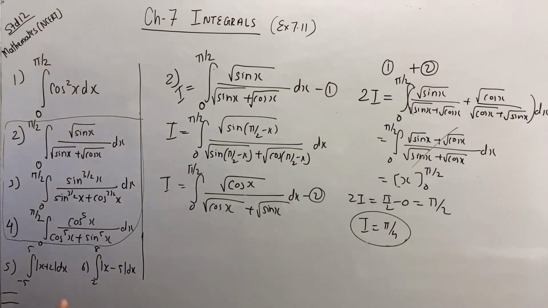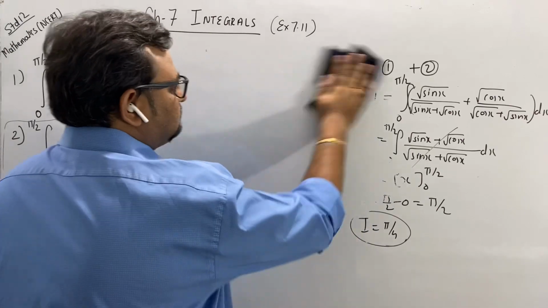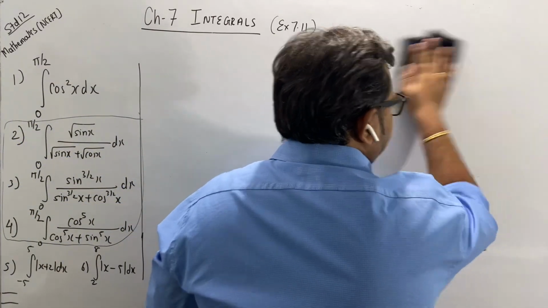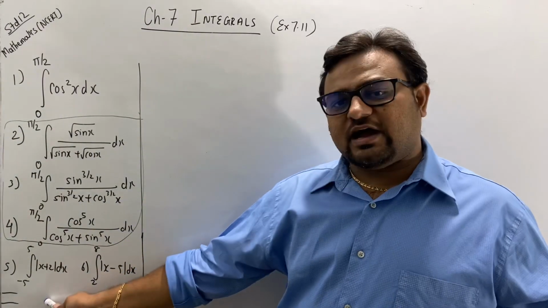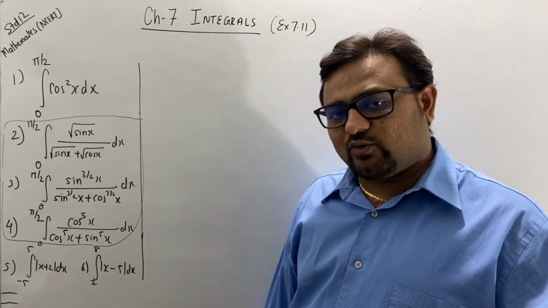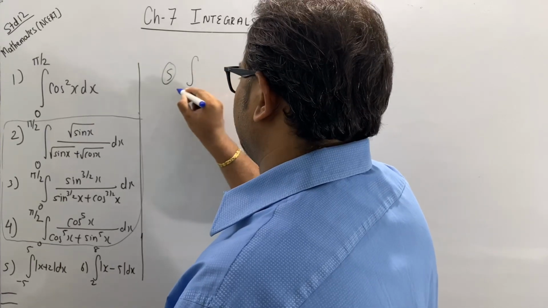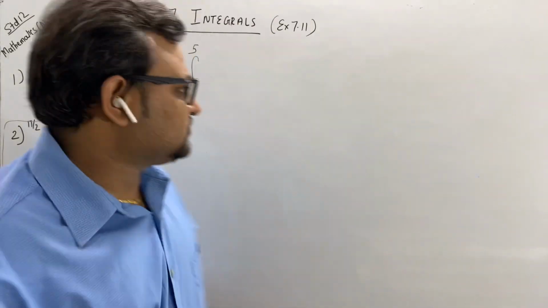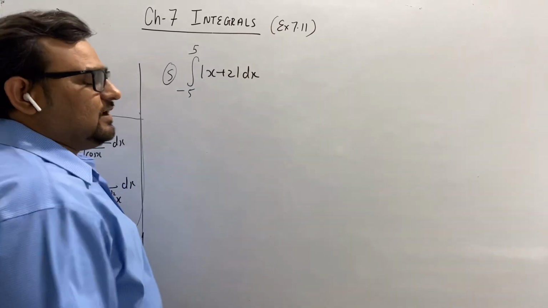Okay. So let's move to the next one. Question 5 and question 6. Both are similar, so I will solve only one. Question 5. I will solve question 5. Integration from minus 5 to 5 of x plus 2 modulus, that is modulus of x plus 2, dx.